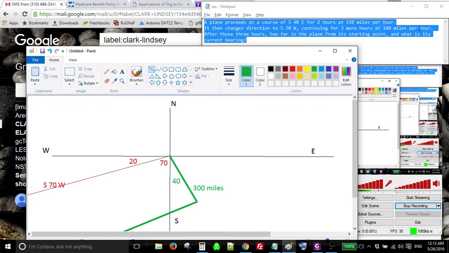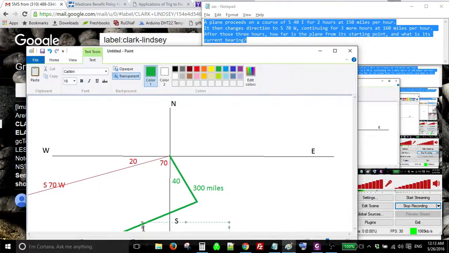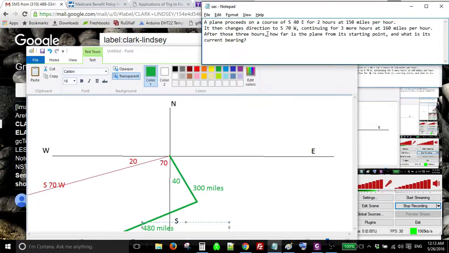That's 160 miles per hour. Now 160 miles per hour for 3 hours is 480 miles, so I can label this distance as 480 miles. Alright, now the question is, after those 3 hours, how far is the plane from its starting point and what is its current bearing?